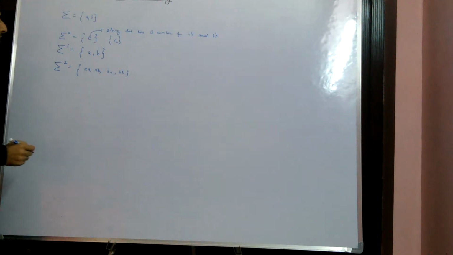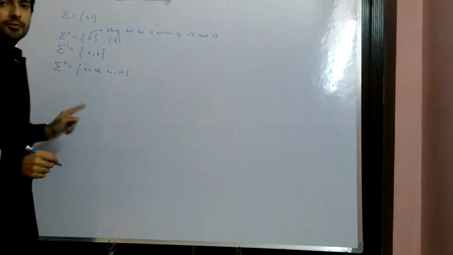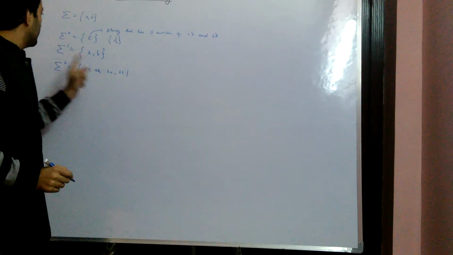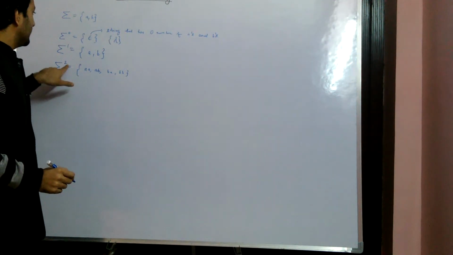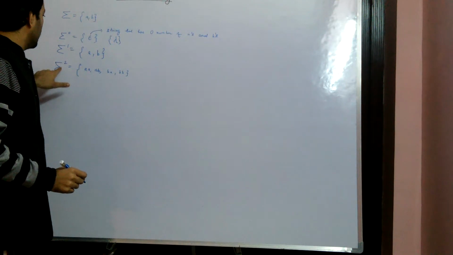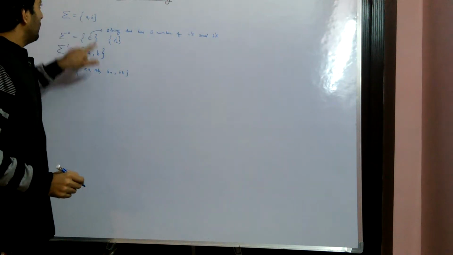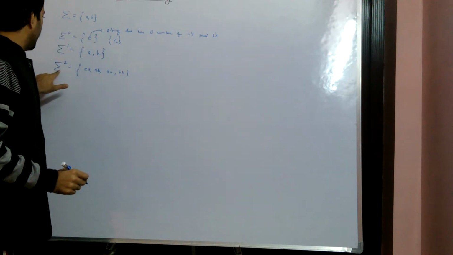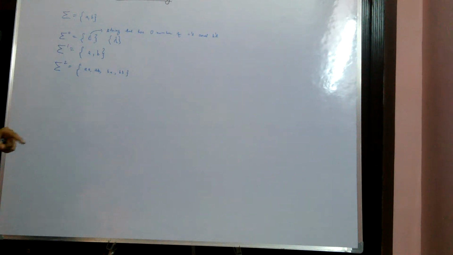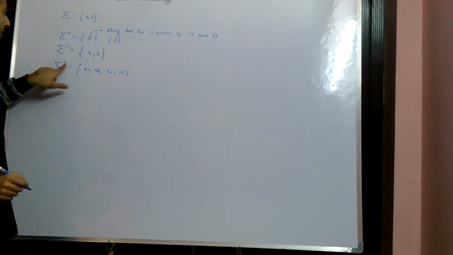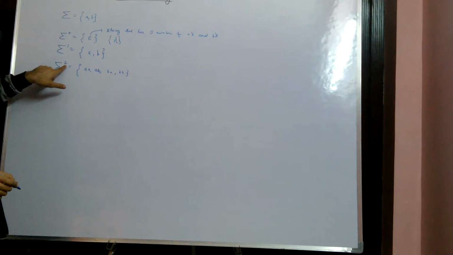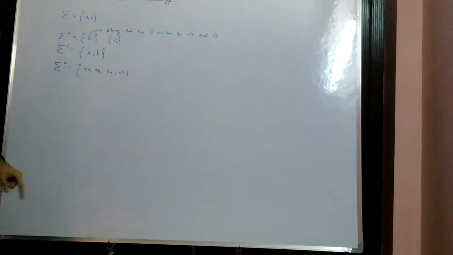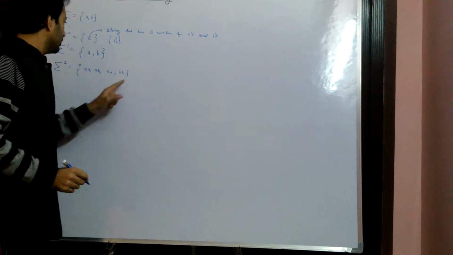Necessarily we have to consider the strings of length 2 only. This is telling us that the first and the second alphabet both belong to the set sigma. For this we have written sigma over here, and for the combinations of length 2, we have written 2 over here.